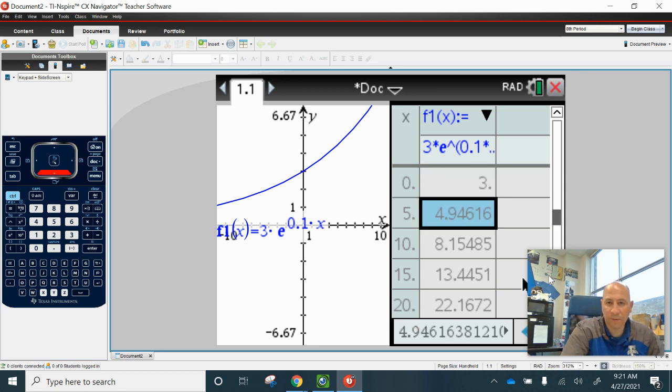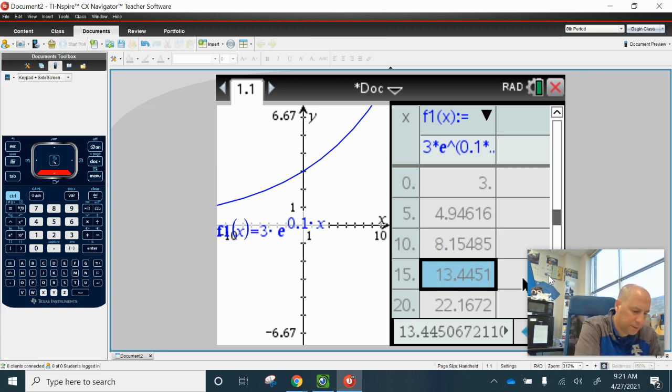5, 4.9. 10, 8.15. 15, 13. And you're going to have to approximate these points.